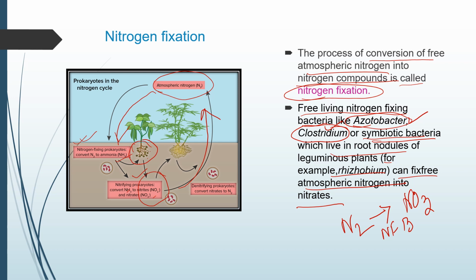So this is a continuous cycle. This is the nitrogen cycle which continuously goes on between the atmospheric nitrogen, the soil, bacteria, and again the atmosphere. So it is a cyclical process.